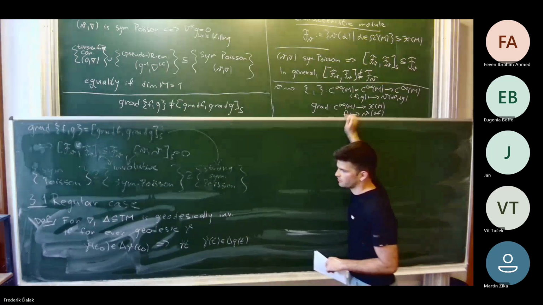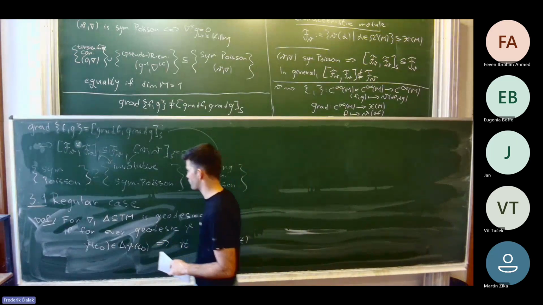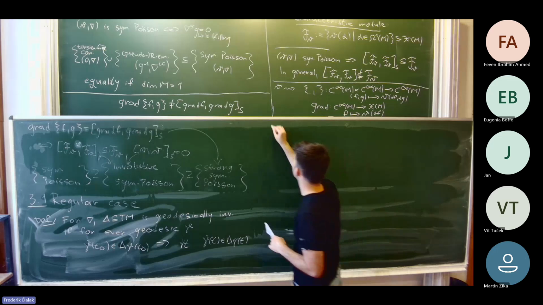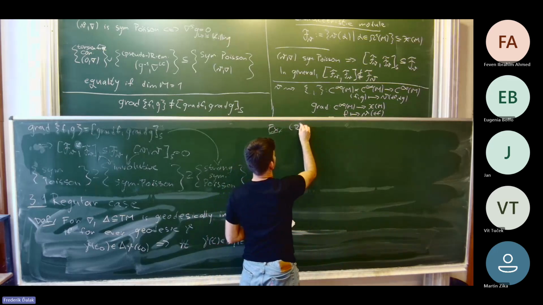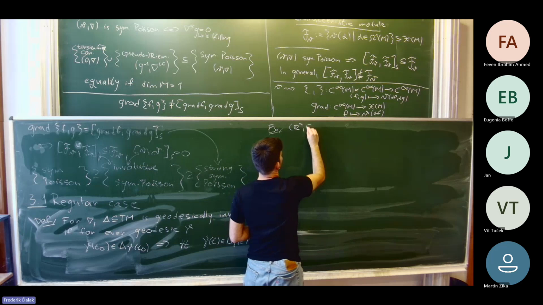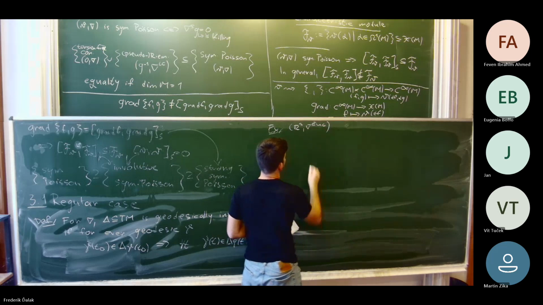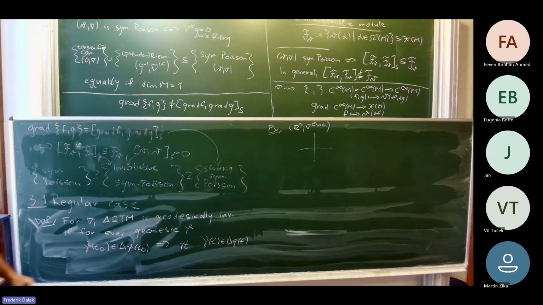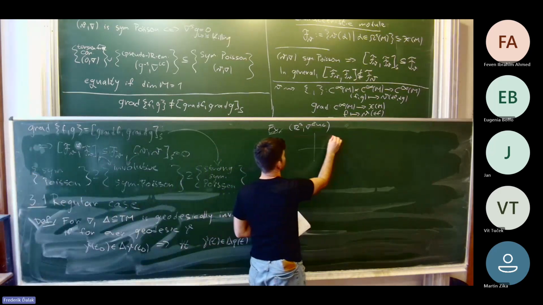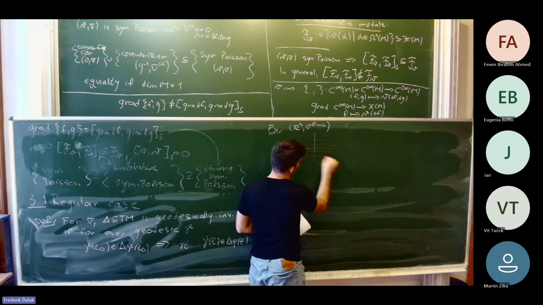To see what these distributions look like, let me give you an example. I take the plane with the Euclidean connection, and an example of a geodesically invariant distribution is, for ease, an integrable distribution.